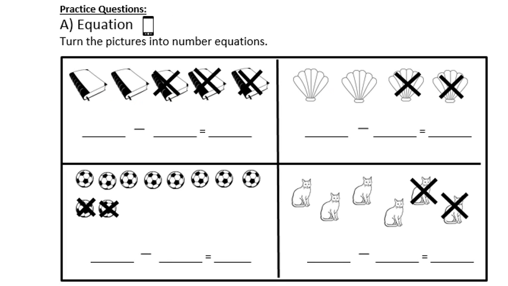So finally now we've reached our worksheet. Part A equation. Turn the pictures into number equations. So here I have some pictures with some of them X'd out. What I have to do is figure out the subtraction equation here, right? So before I X'd out any of these books, how many books did I have? 5. And how many did I remove? 3.